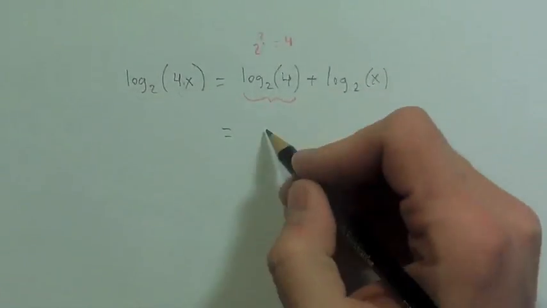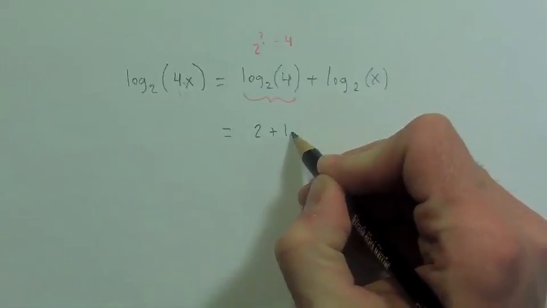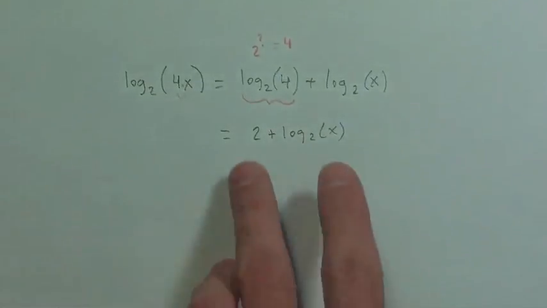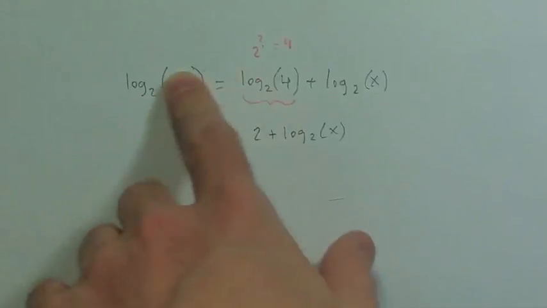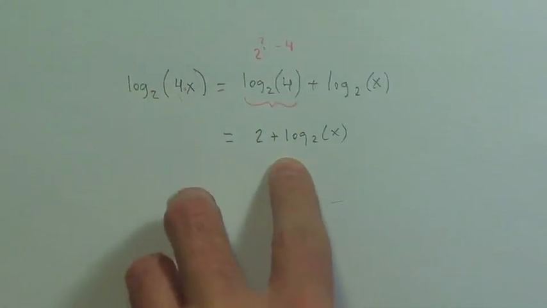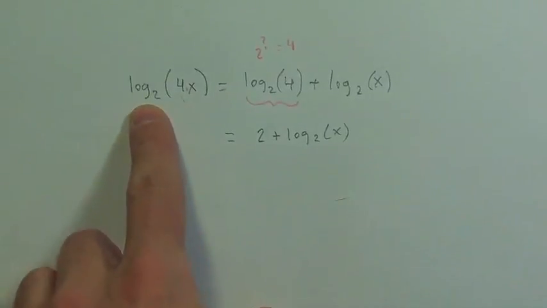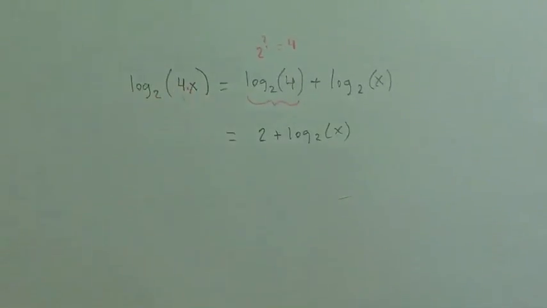So what this ends up being is 2 plus log base 2 of x. So we've actually simplified this down. I think, depending on what you're doing, 2 plus log base 2 of x is probably nicer than log base 2 of 4x.